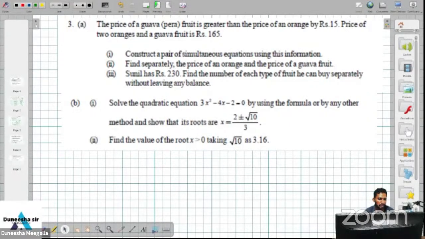You should use x as guava and y as orange. Can you construct a simultaneous equation?